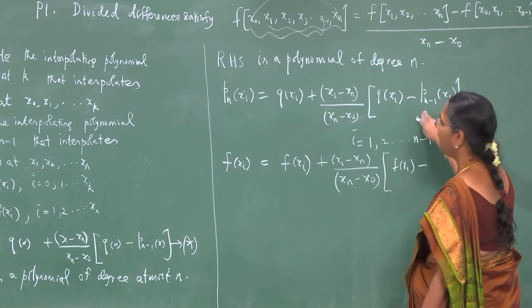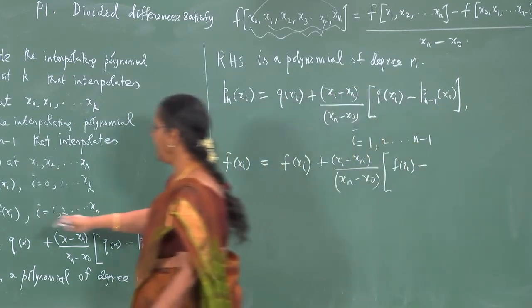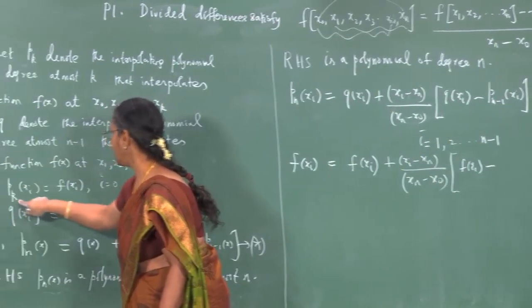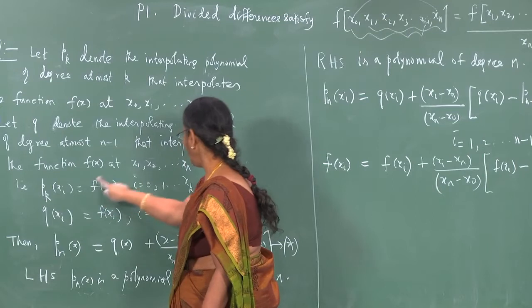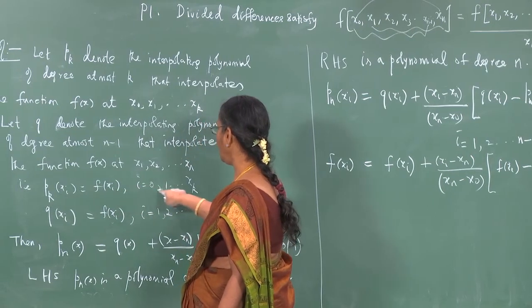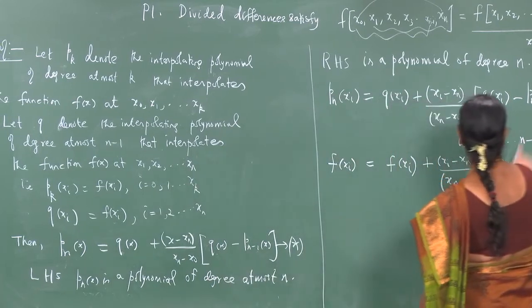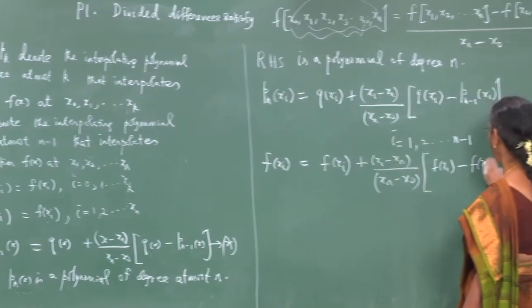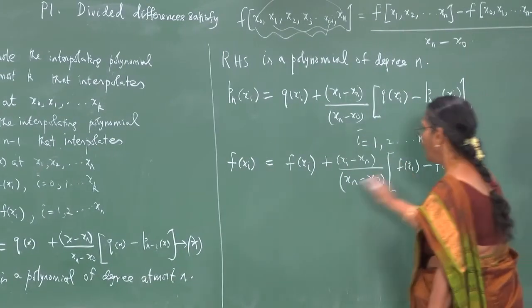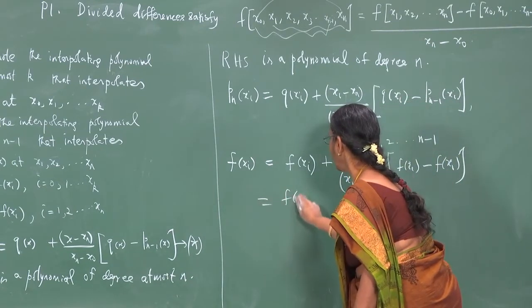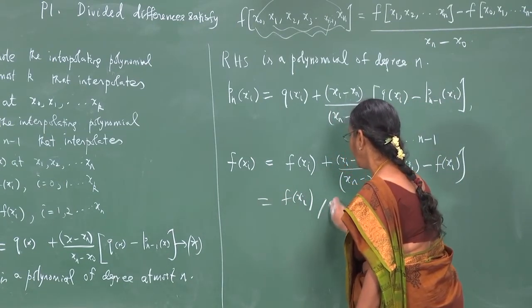What about Pn minus 1 of xi? Pn minus 1 of xi, when k is n minus 1, will be f of xi at points 0, 1, 2, 3 up to n minus 1, and therefore, this again will be f of xi, and so this results in f of xi is equal to f of xi.